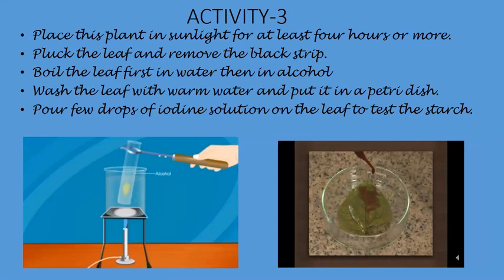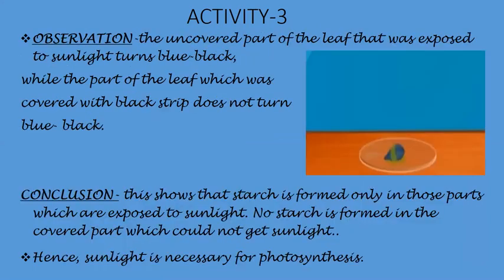Pluck the leaf and remove the black strip. Boil the leaf first in water, then in alcohol. Wash the leaf with warm water and put it in a petri dish. Pour a few drops of iodine solution on the leaf to test for starch. What do you observe?